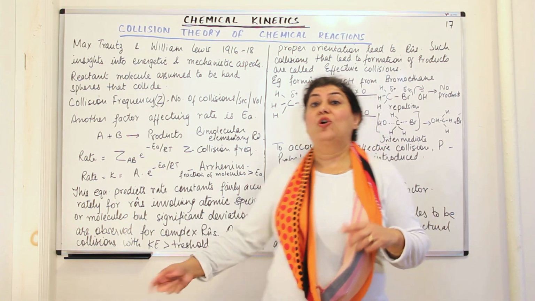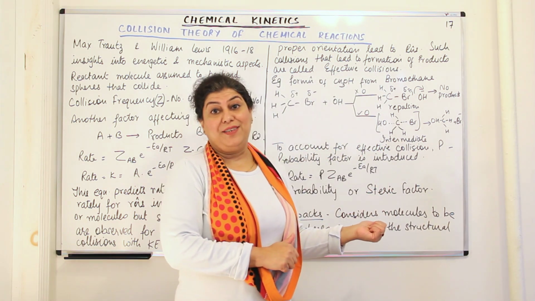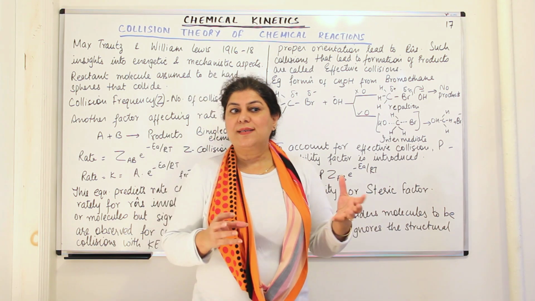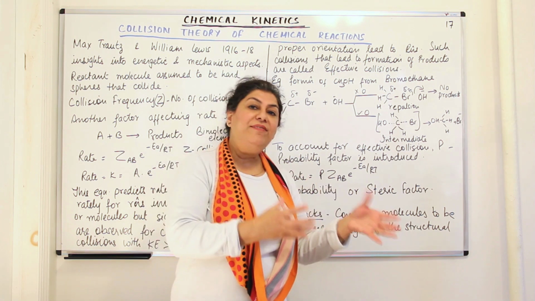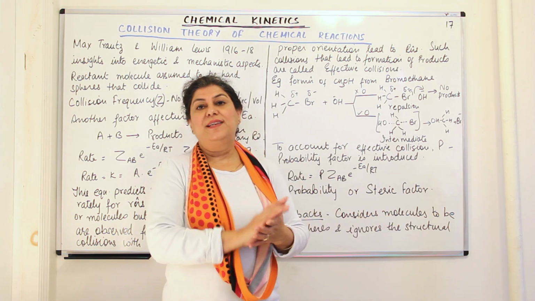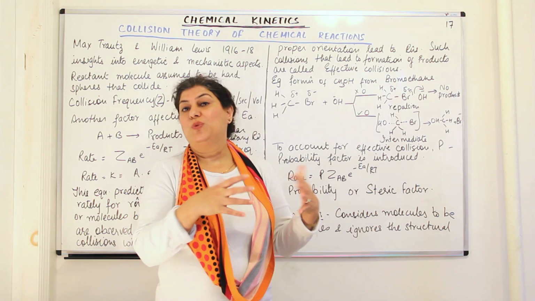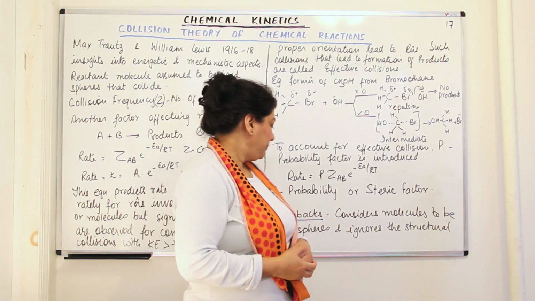Therefore this also contributes towards the probability factor. If there are some molecules which do not even have that energy to react, obviously they would not be contributing towards the reaction.